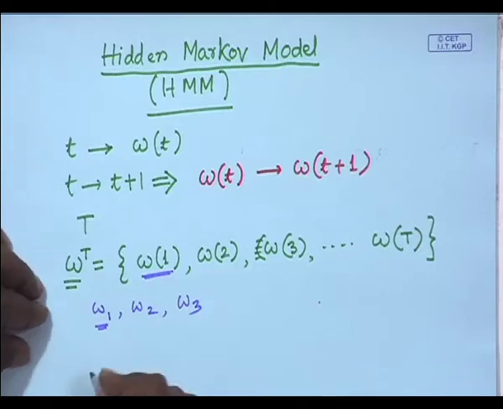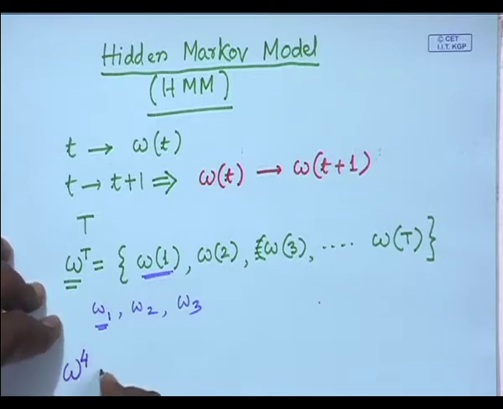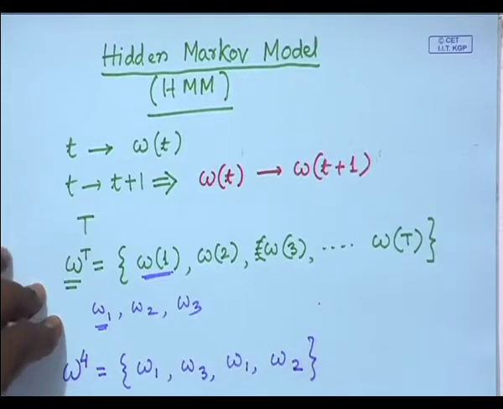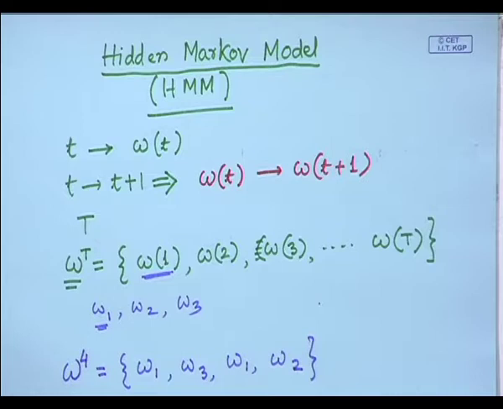And suppose I can have a sequence of states of length, say, 4. This may be, say, omega 1, omega 3, omega 1, omega 2. So, this may be my sequence of 4 states. The machine moves from one state to another in this particular sequence.